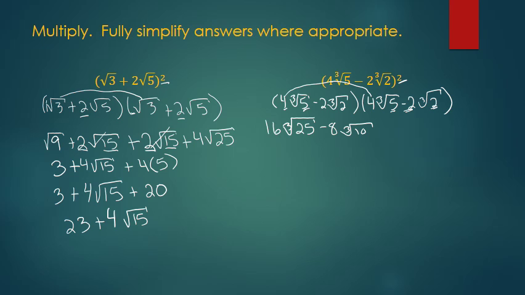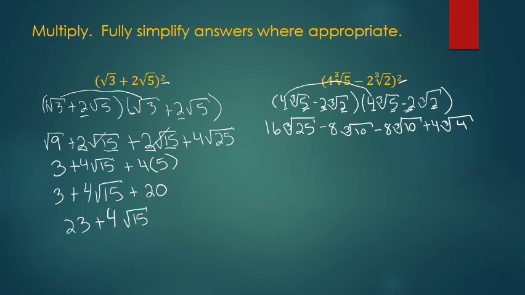Now I'm done with my first term and I go to my second. So I have minus 2 cube root 2 times 4 cube root 5. So minus 2 times positive 4 is negative 8. Cube root, 2 times 5 is 10. I have a minus 2 times minus 2, which is plus 4. Cube root, 2 times 2 is 4.